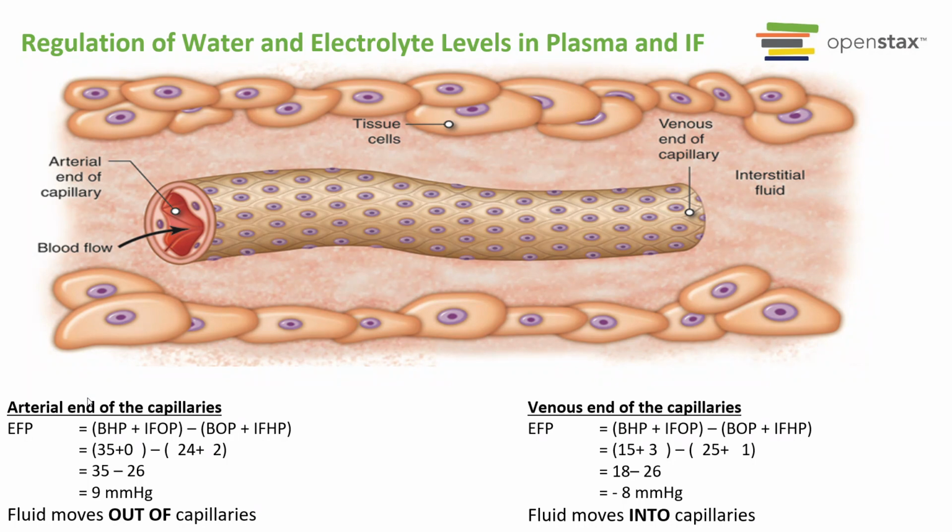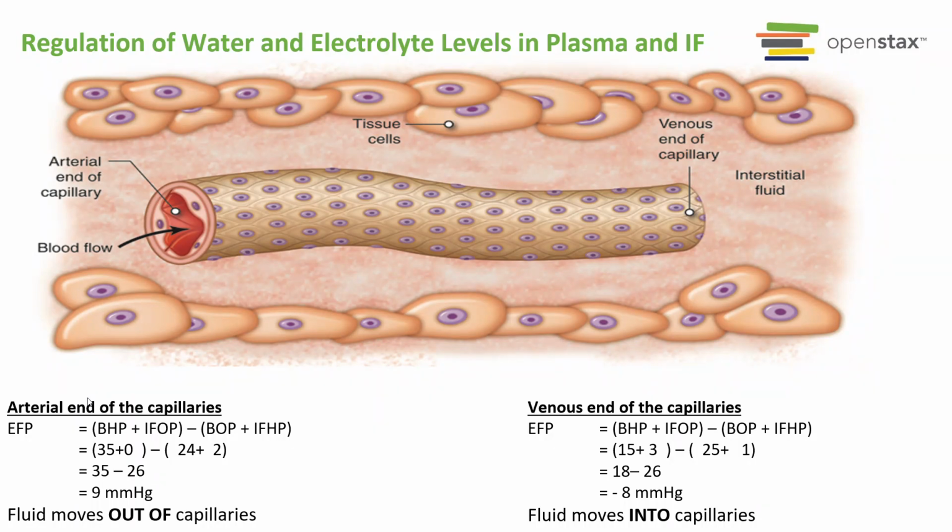Once again, when we're at the arterial end of a capillary and we're looking at the capillary exchange and the likelihood of fluid moving out of or into the capillaries, what happens is that as blood flows through the arterial end of the capillary, due to a high hydrostatic pressure within the blood, fluid will tend to move out of the capillaries.